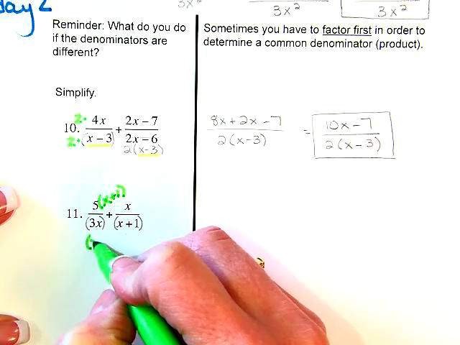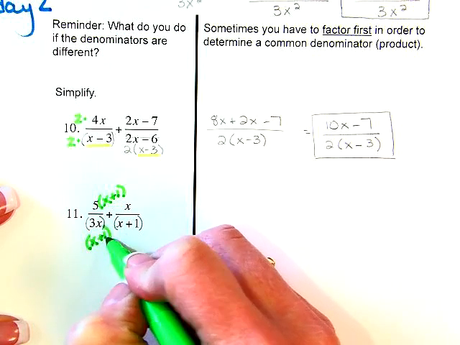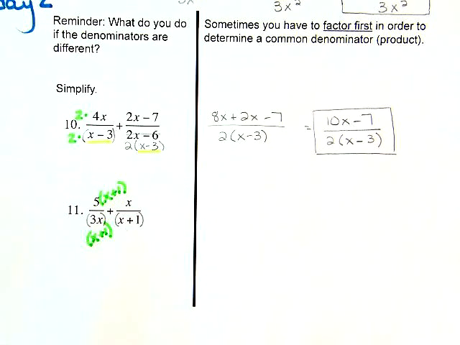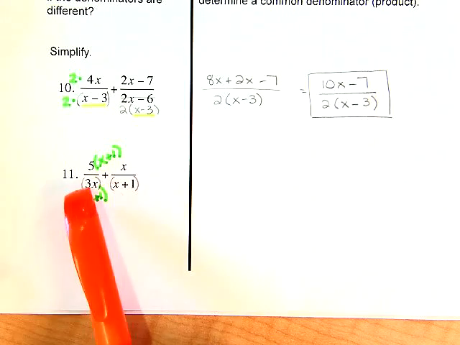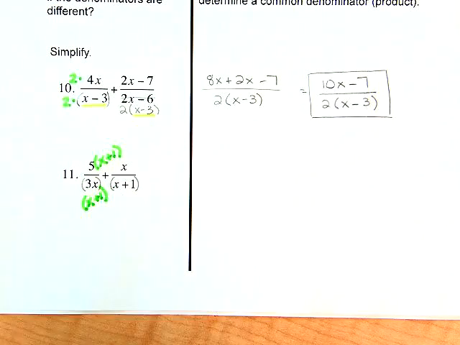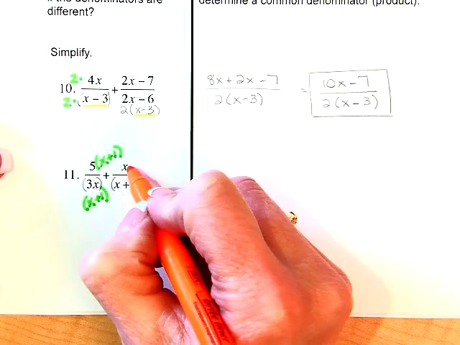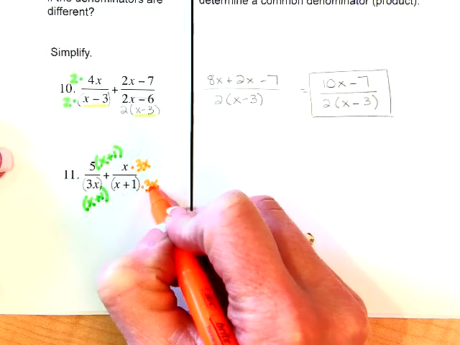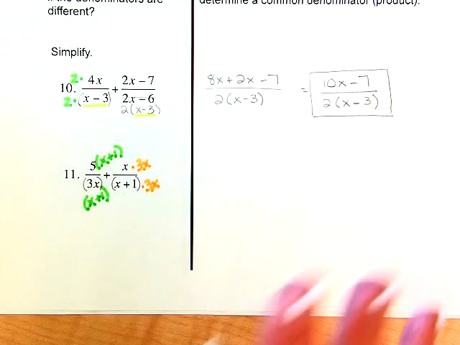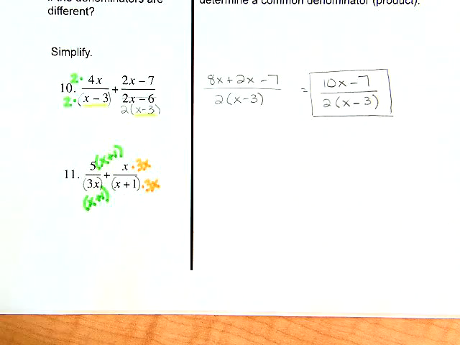And I need to multiply the bottom also by an x plus 1. And then this fraction here is missing the 3x factor. So I need to multiply by a 3x here and here. Okay, I'm not really multiplying right now, I'm just kind of getting it set up.